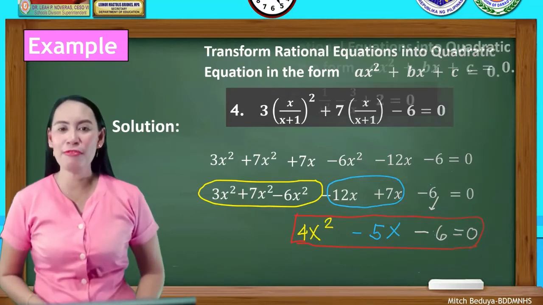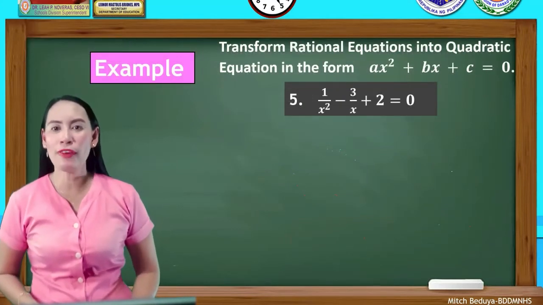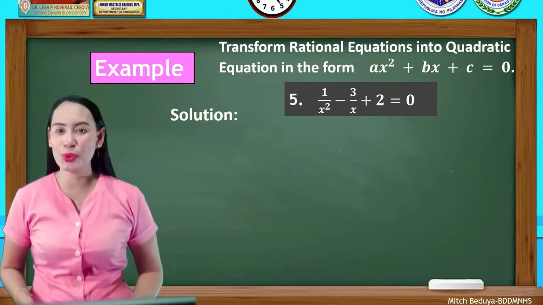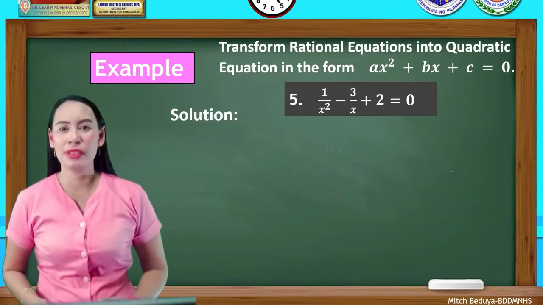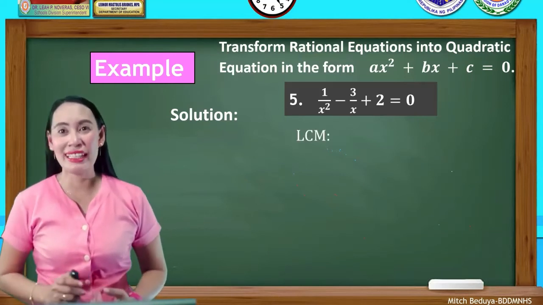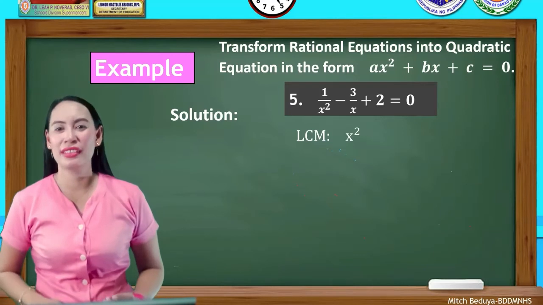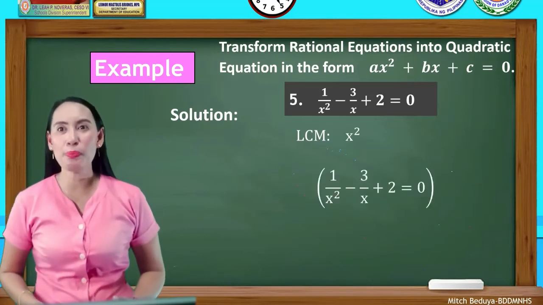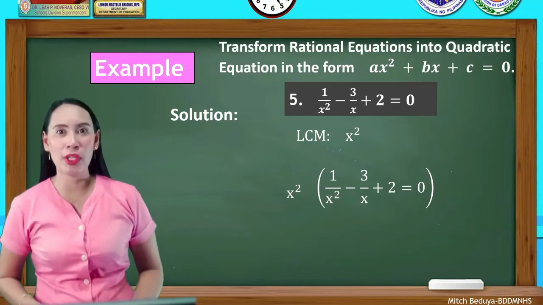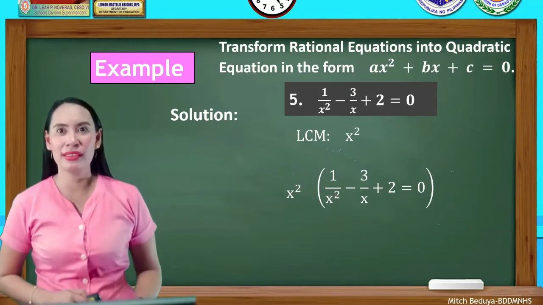Example number 5. 1 over x squared minus 3 over x plus 2 equals 0. So what is the LCM? Yes, that is x squared. So by multiplication property of equality, multiply both sides of the equation by x squared.